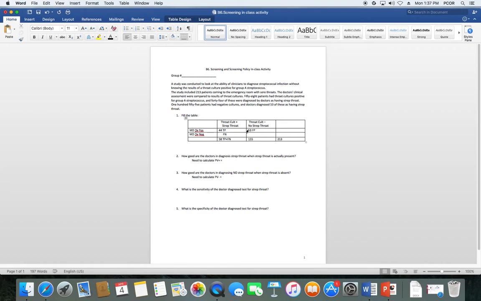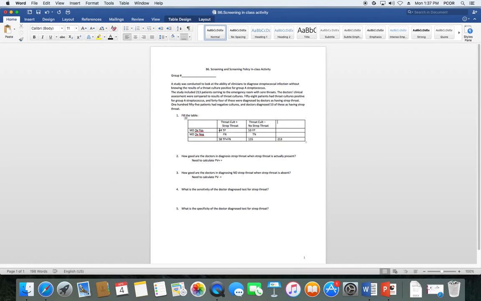This is your false positive, because the MDs diagnosed them as positive for strep throat, but they do not have strep throat on the culture. And this will be your true negative. Why? The MD diagnosed and the throat culture confirmed that these people in this cell will be your true negative.